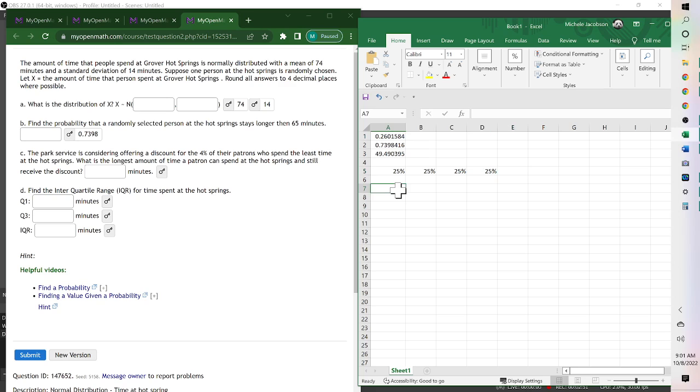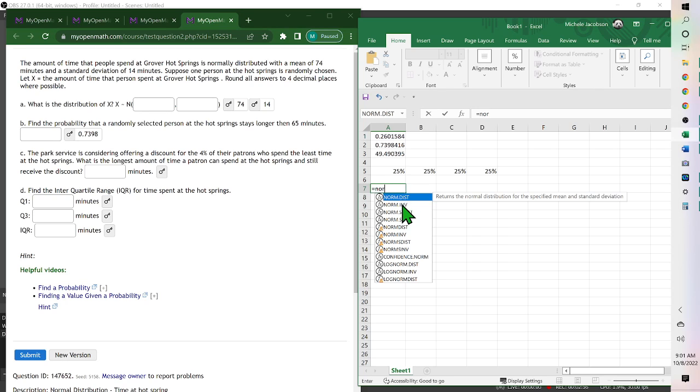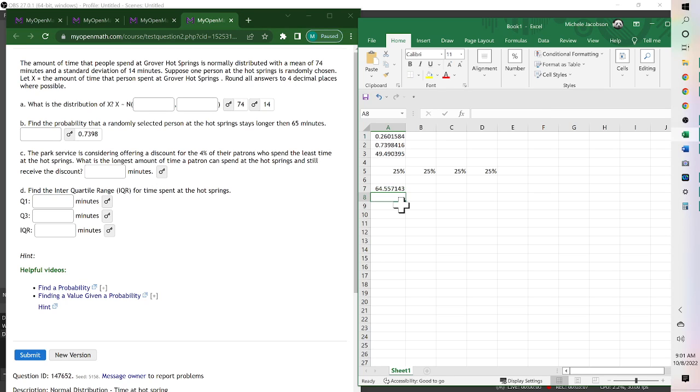So when you're finding it, it's equals norm, and then you use the inverse one because we have the probability, and 25% is below it with your mean and your standard deviation. It's the 64.